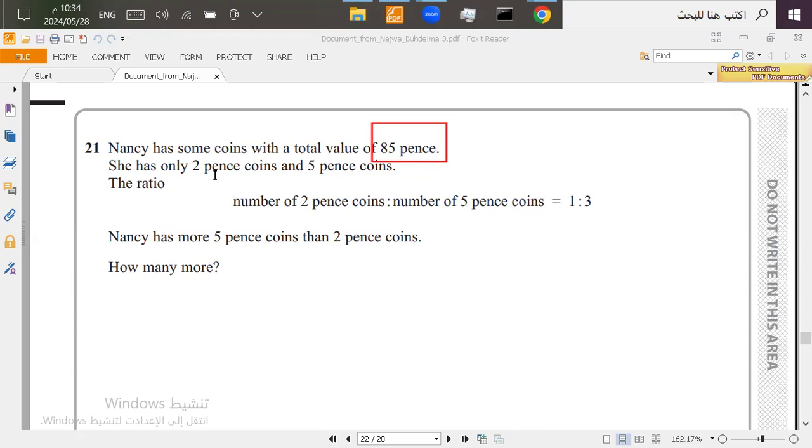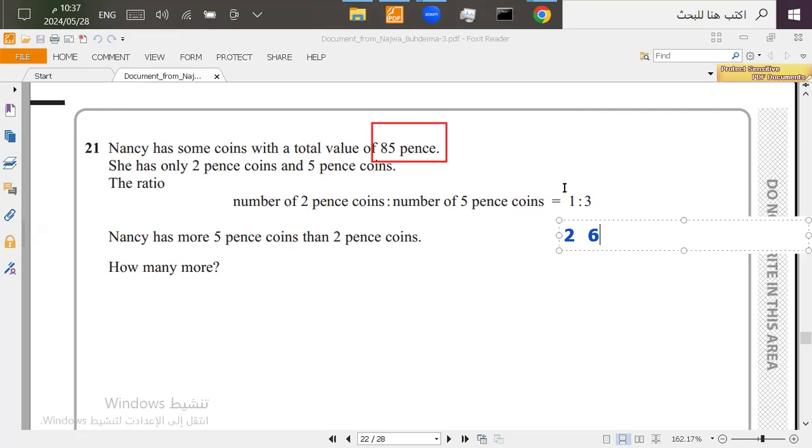So how do you do this? First, because we have 85 pence, we need to find out how many we have from 2 pence and how many from 5 pence. Now, the idea here, let me show you. Using this ratio, and we know that the 5 pence are more, if these are 2 coins, then these are 6 coins.